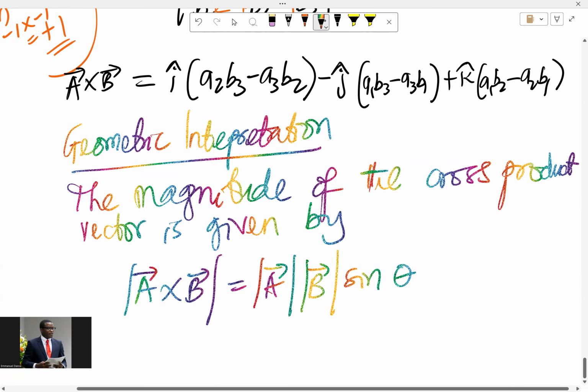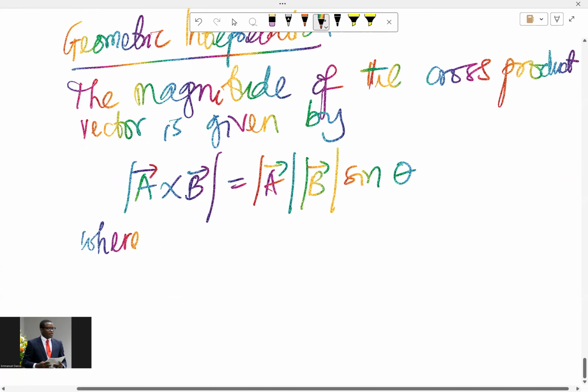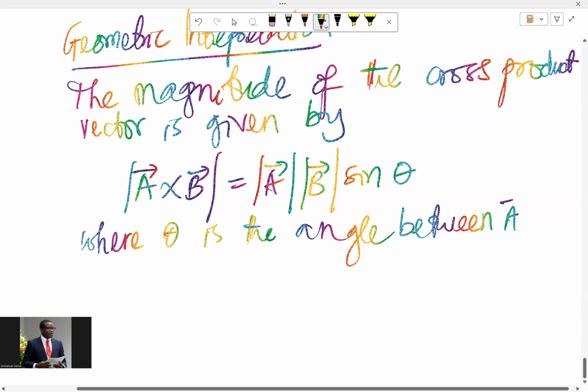The other time it was A dot B equals magnitude A magnitude B times cos of theta. So in this case, theta is the angle between A and B.